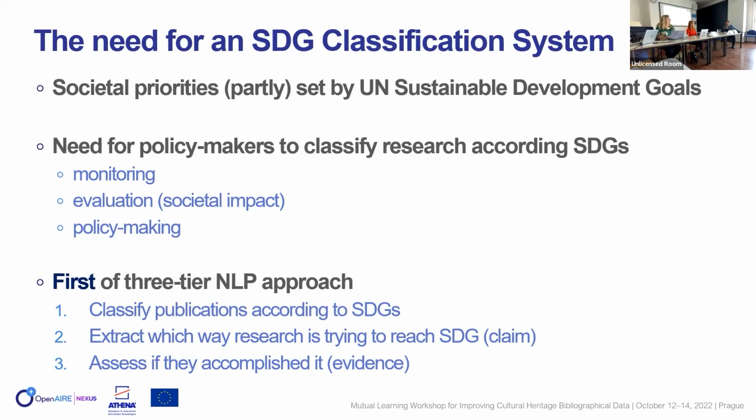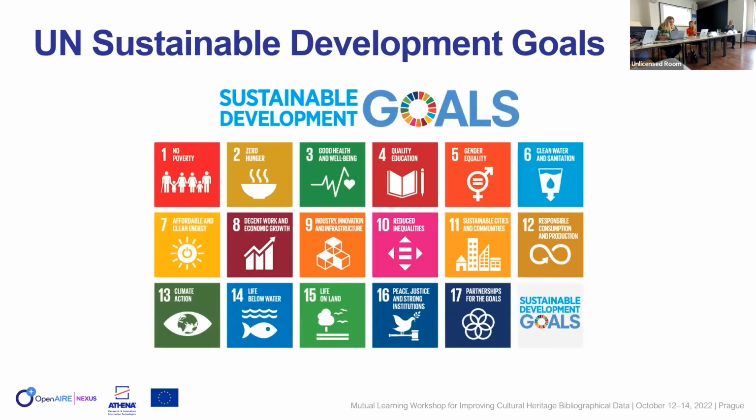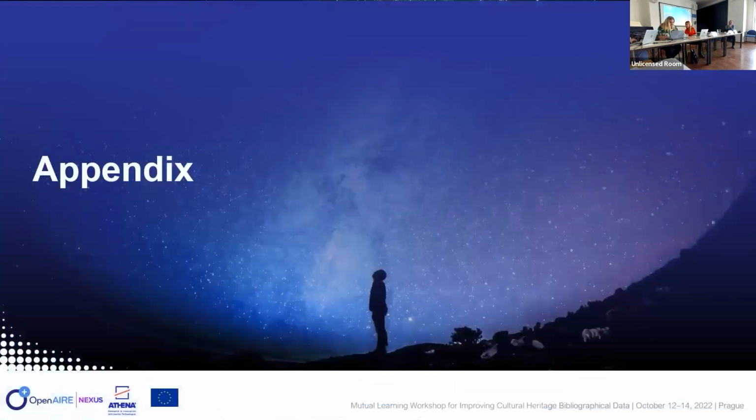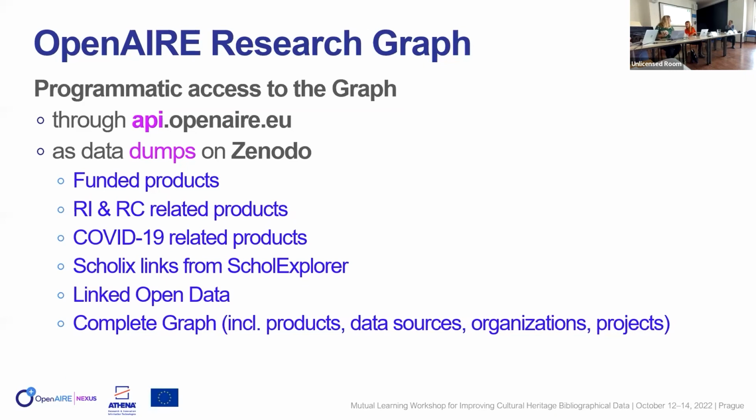And I will finally pass the word to Agnieszka. She's raising her hand. So Agnieszka, please. Okay, I wanted to ask a question because I typed and found your OpenAIRE website you showed us, and I was wondering how I can download all the data. I mean, titles. There is an API and there are also different dumps in Zenodo.